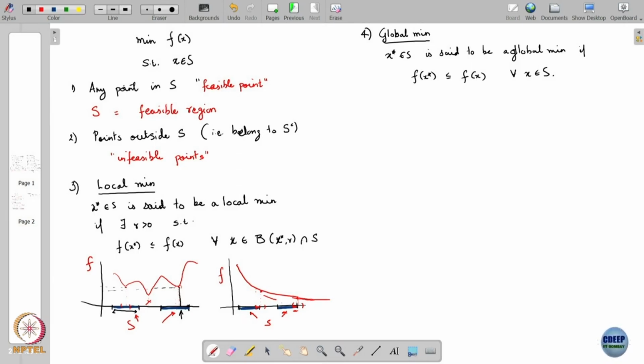Okay. Now, global does not mean the minimum of the function without the feasible region, meaning the minimum of the function over both feasible and infeasible points. That is not what global means. For that there is a different name, what is called an unconstrained minimum. Okay.